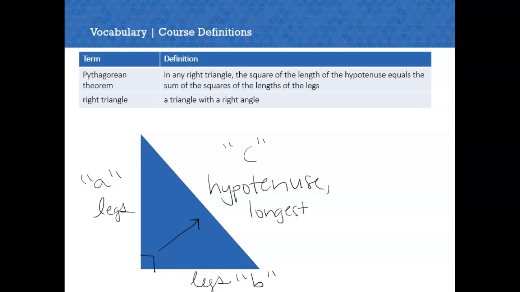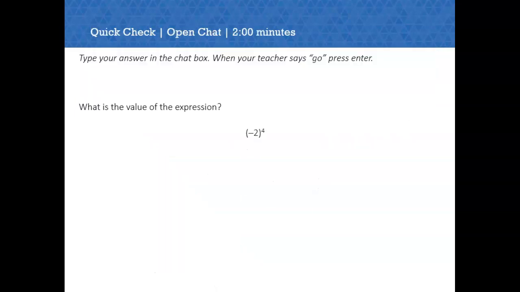And so the Pythagorean theorem says A squared plus B squared is equal to C squared. We need to be really careful with these squares, and we'll eventually square root. So that's something to keep in mind. Let's just revisit something to a power.